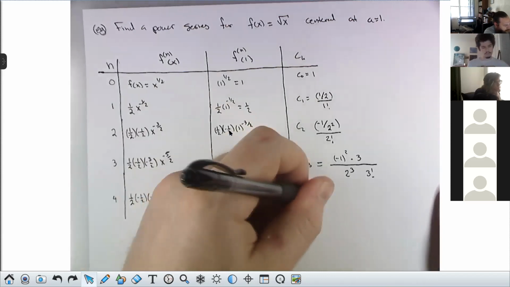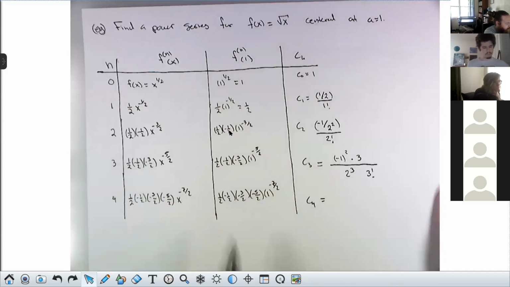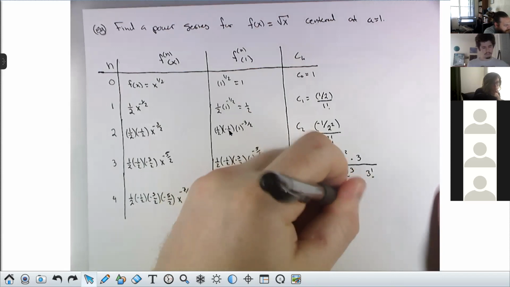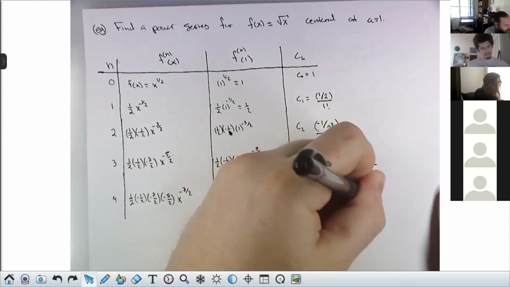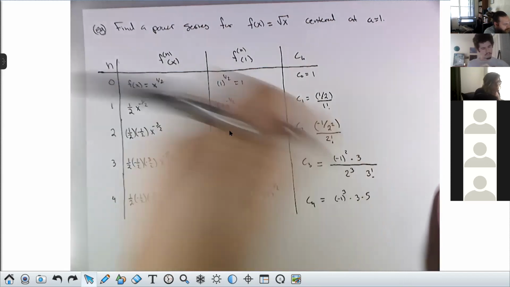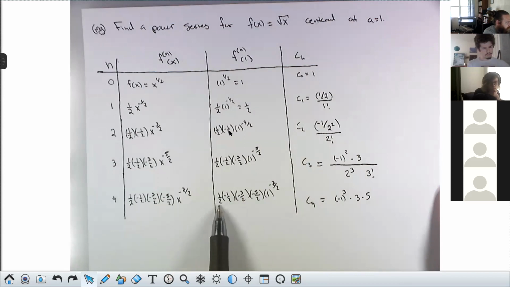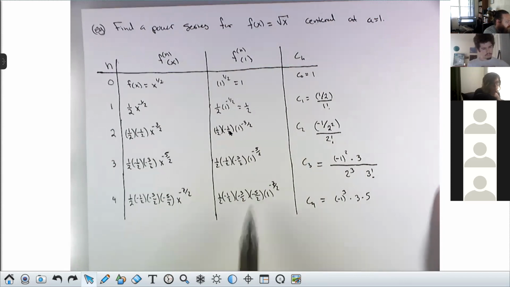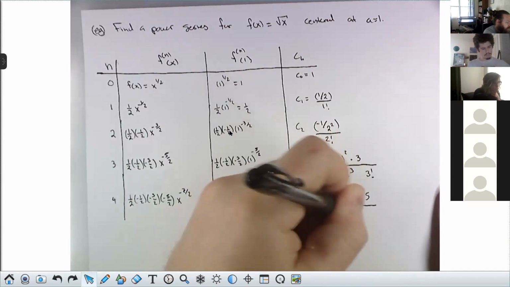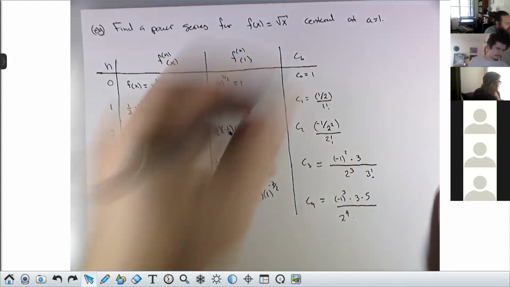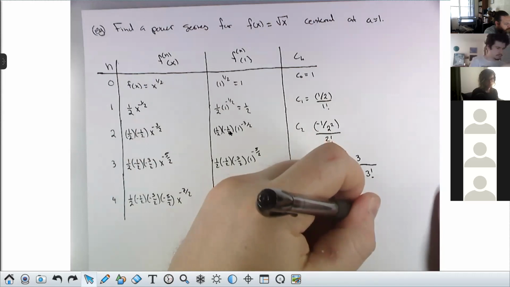So C4, how many powers of -1? I've got 1, 2, 3, cubed. And then my numerator, I've got 3 times 5. My denominator, I've got 2 to the 1, 2, 3, 4. And then from the Cn, I have a 1/4 factorial.